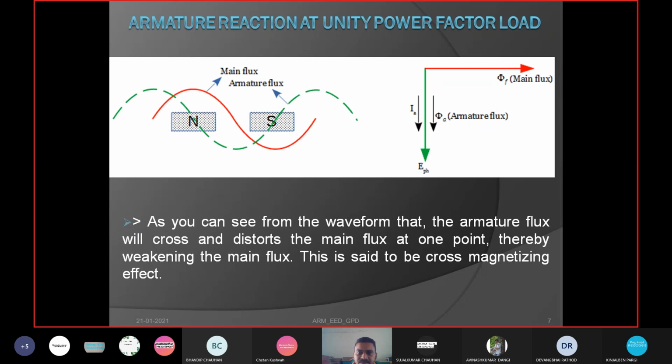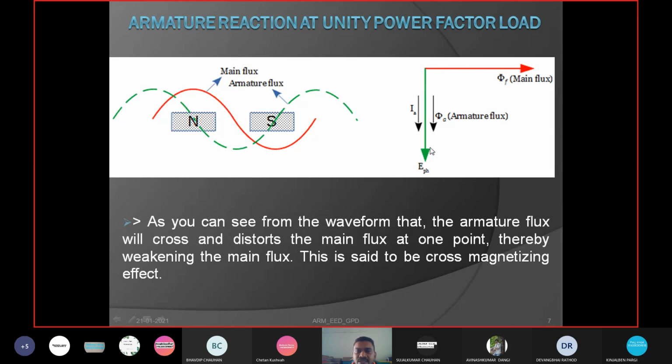Now what happens when the resistive load is connected? The current is flowing through the armature, and EMF is also induced in the armature winding. The EMF induced in the armature winding and the current flowing through the armature are both in phase, and both lag behind the main field flux by 90 degrees.